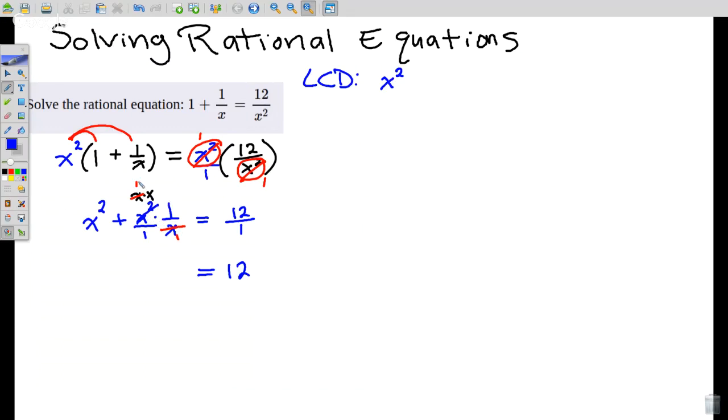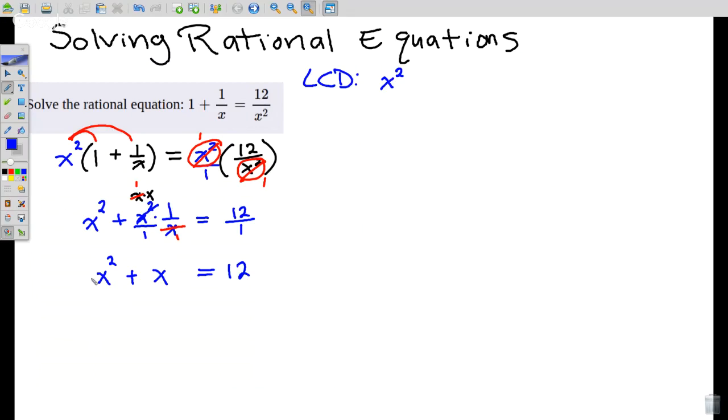And so the numerator has a 1 times x. Denominator is a 1. No point dividing by 1. Doesn't change anything. So this is what I end up with. Some of you may be able to skip this middle step here, just notice that cancellation right away. But on a test or a quiz, it's good to write that down for your brain to confirm, yeah, that looks right.